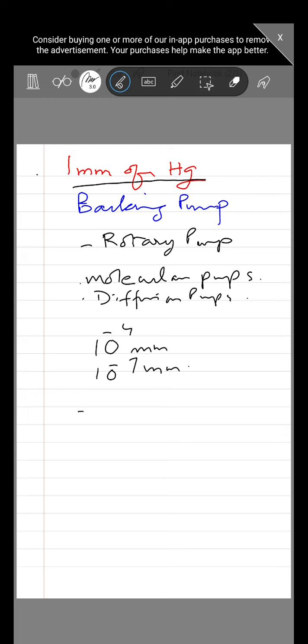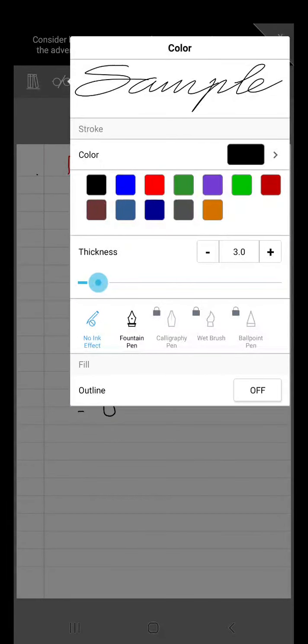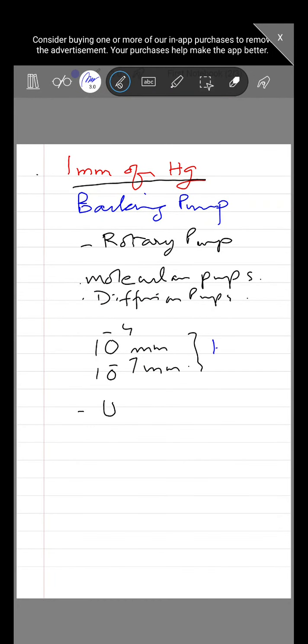In this range the pressure is called high vacuum, and the step further is called ultra high vacuum.